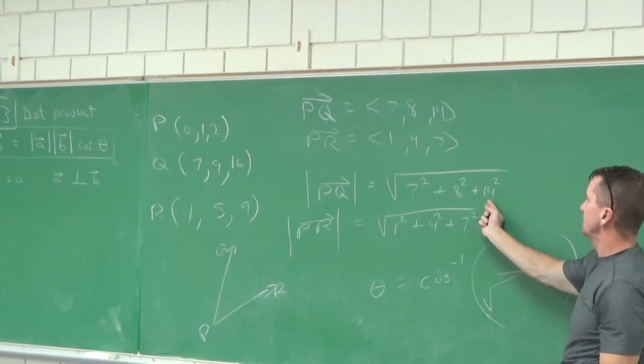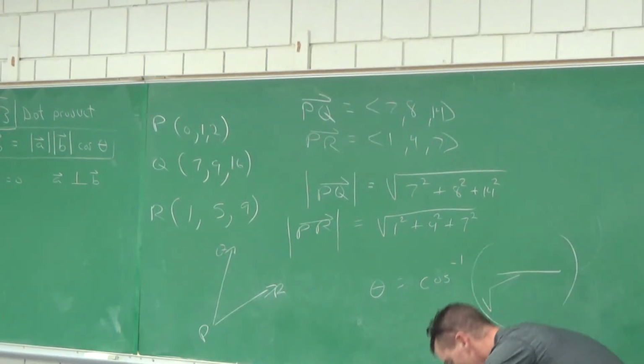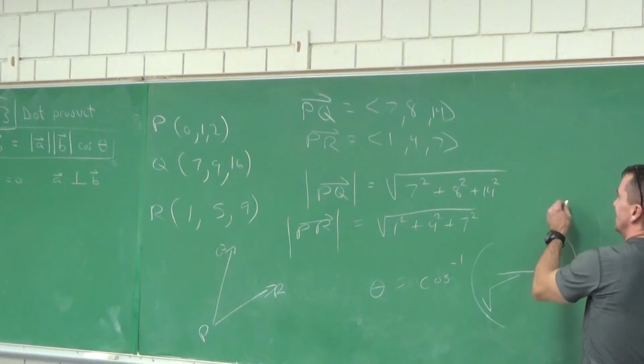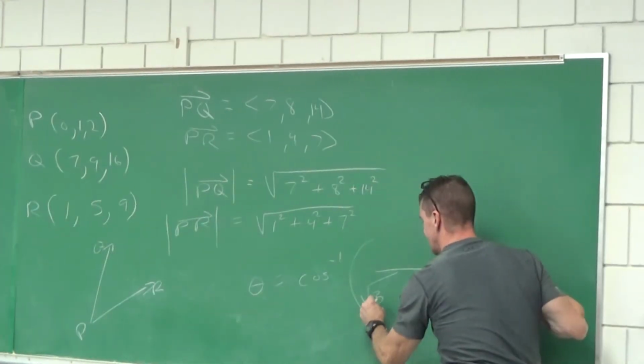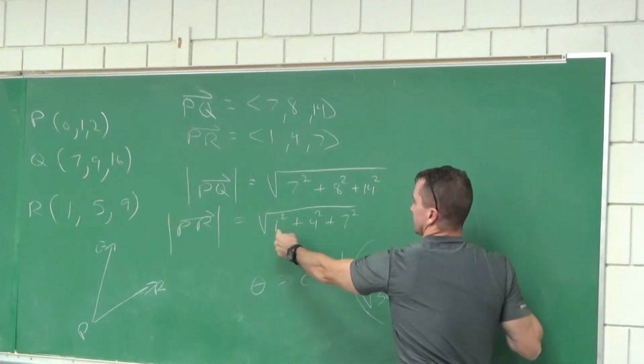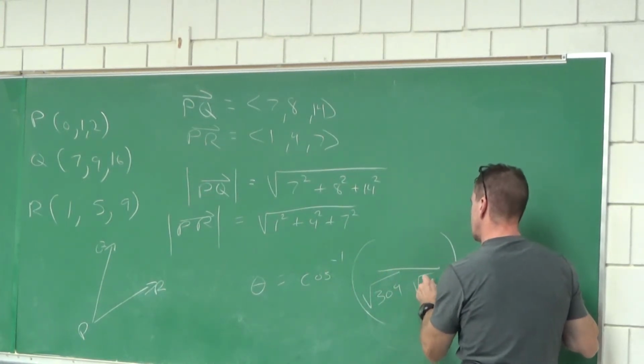If you don't mind, can you let me know what that number is under the radical? That's pretty big. 49, 64, and 196. Thanks. And then the other one? Oh, we can do that. What's 49 plus 16 plus 1? 66.